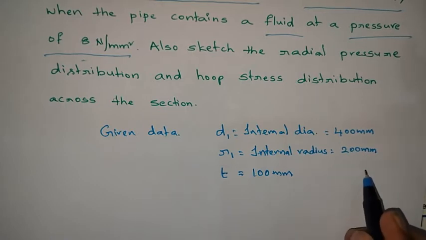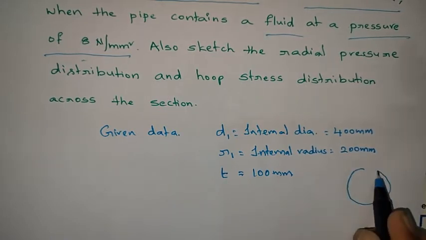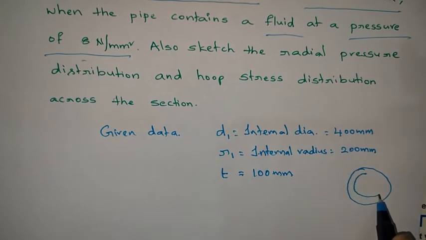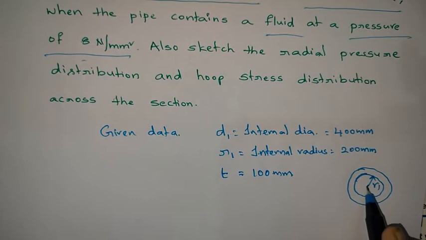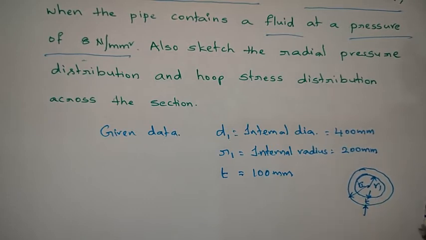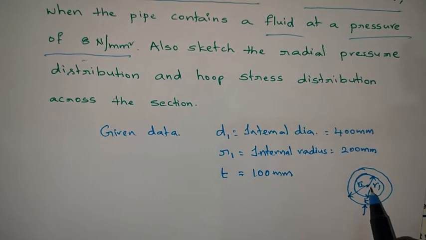See, if you see the thick cylinder, so now this is the thick cylinder, so this is internal radius R1 and this one is the external radius R2 and here it is the thickness of the cylinder t. So then what is the relation? R2 equals to R1, from here to here is R1 plus t, right?